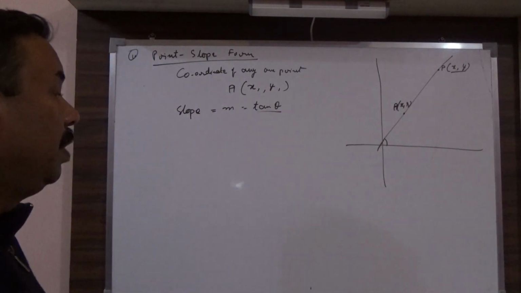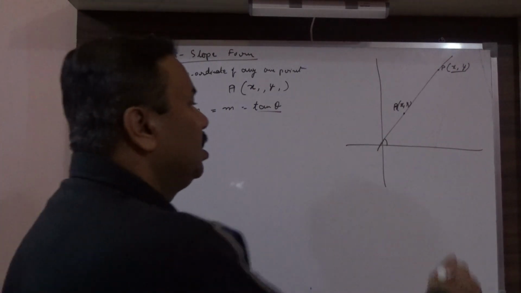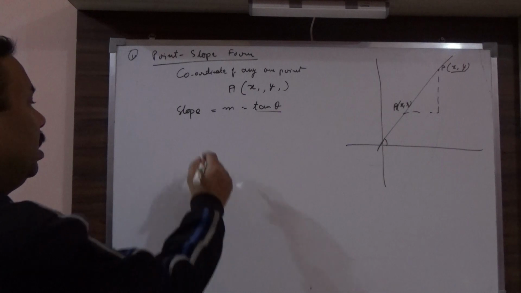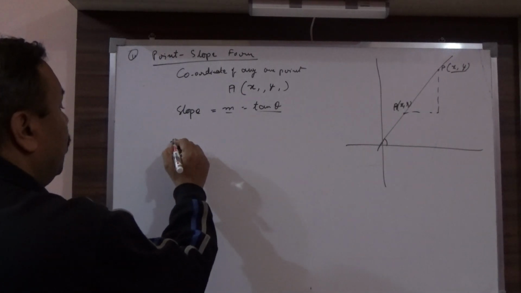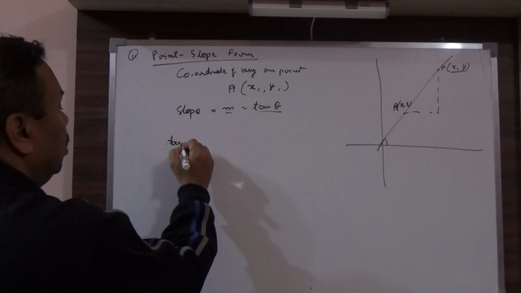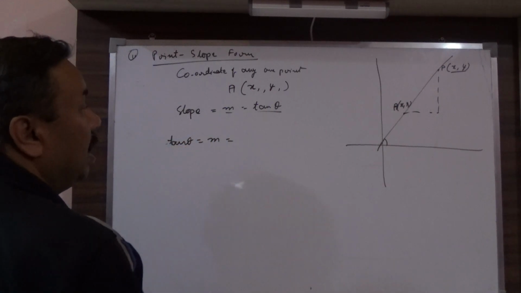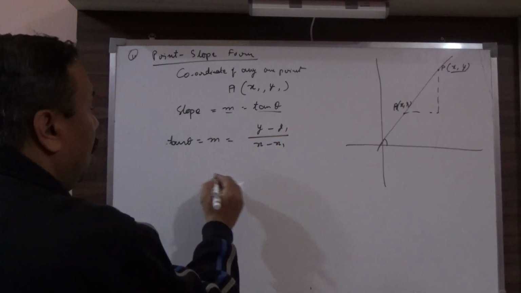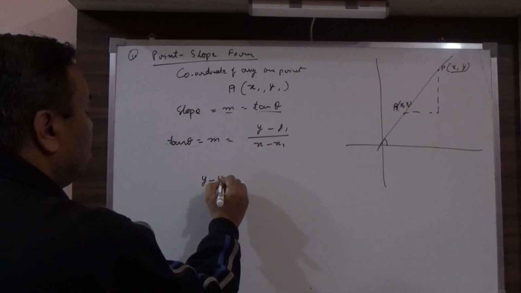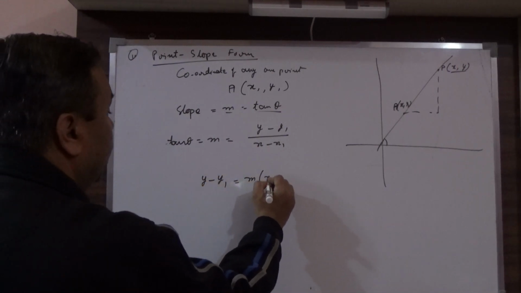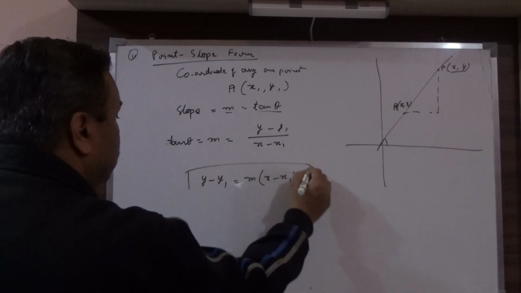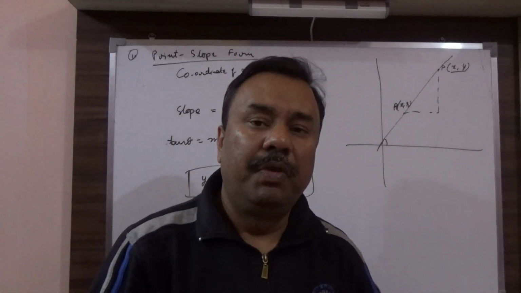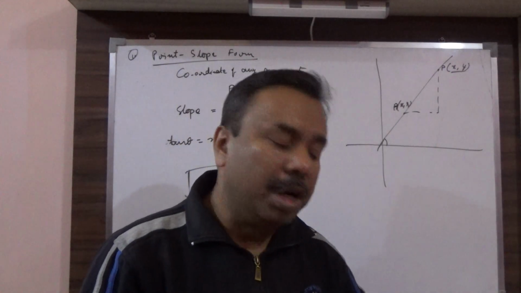So now, as it is given tan theta, what this m will be, tan theta or m, that will be equal to y minus y1 divided by x minus x1, or you can say it as y minus y1 is equal to m times x minus x1, and you just simplify this and you will be getting the equation for point slope form.